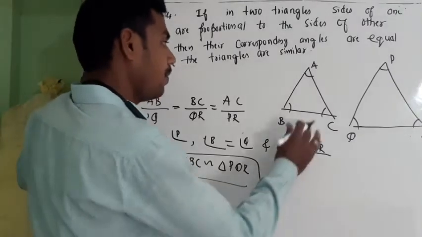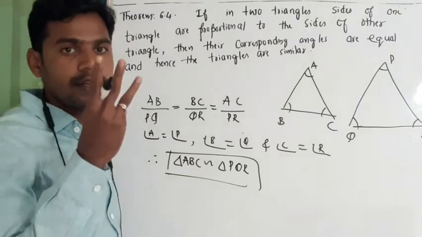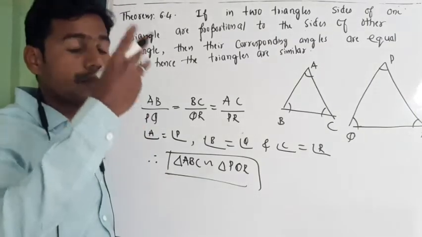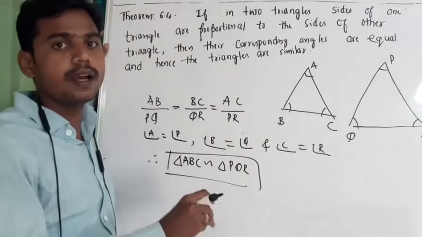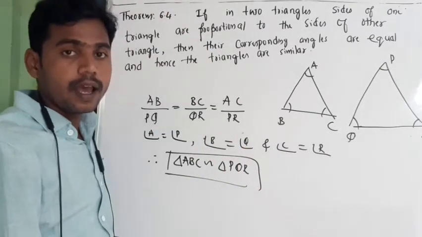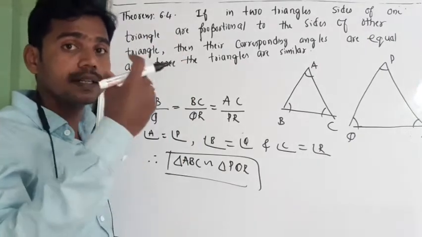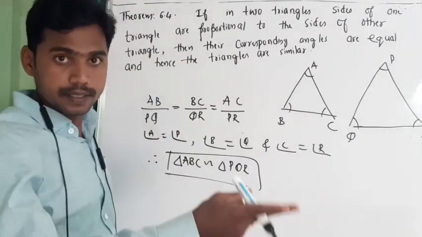In the earlier theorem, if three angles of one triangle are equal to the three corresponding angles of the other triangle, then their corresponding sides will be proportional and hence the two triangles will be similar.